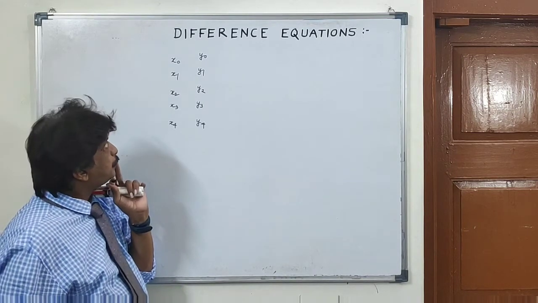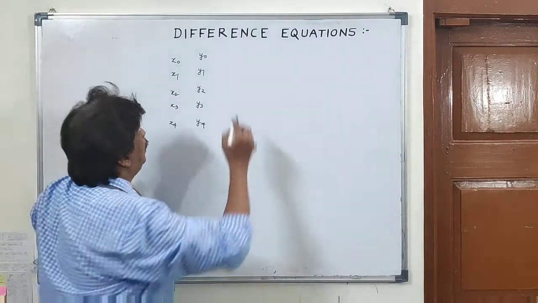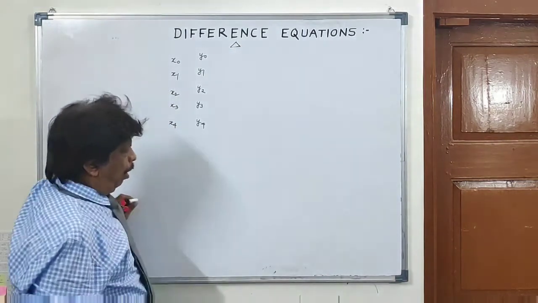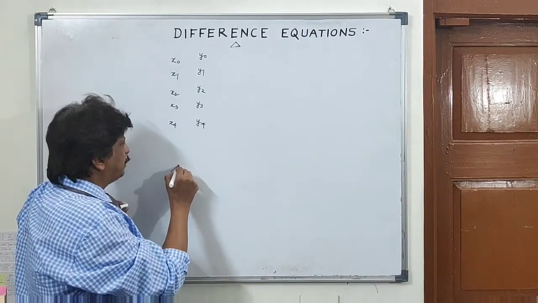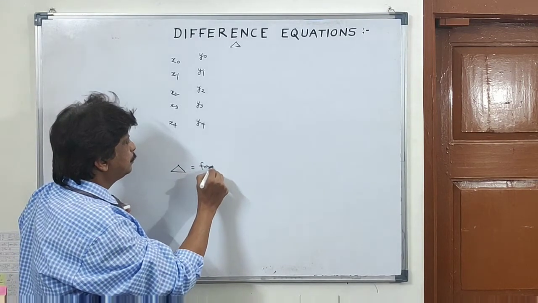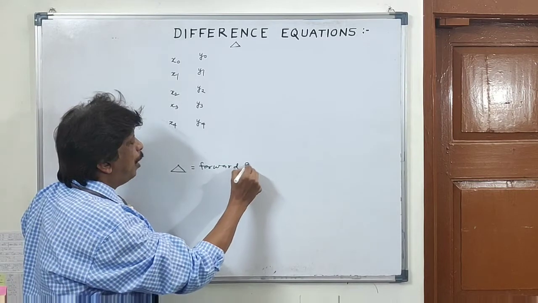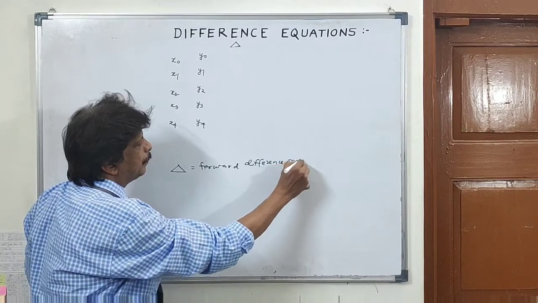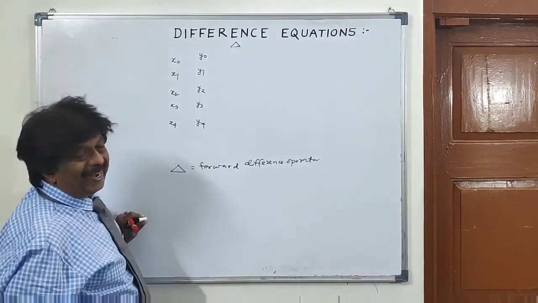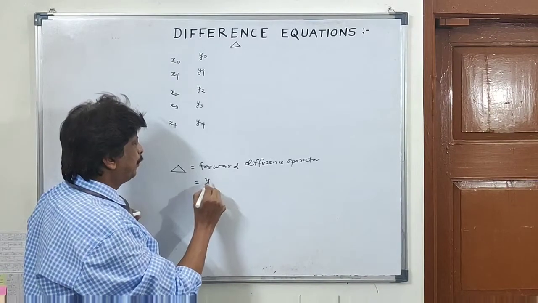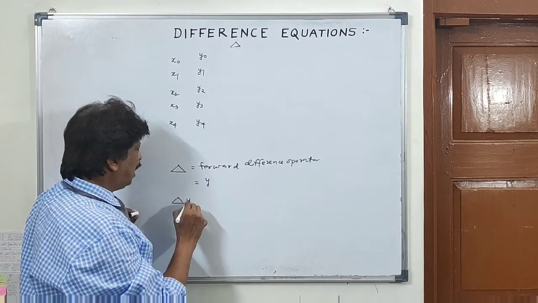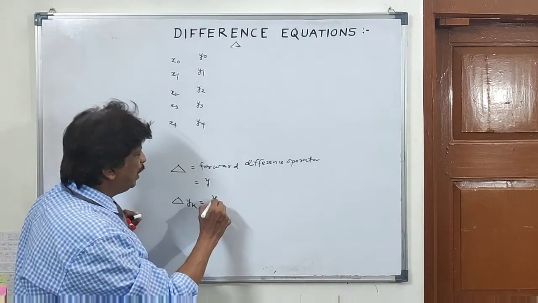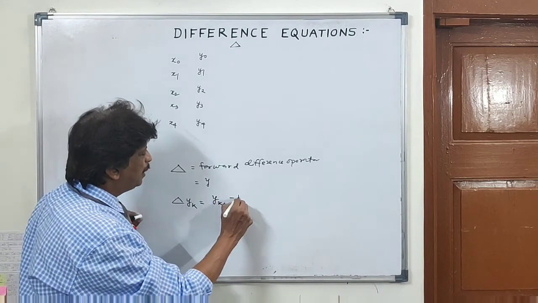Now, this is the forward delta operator, the forward difference operator. It is defined as: forward delta of the kth value of y is equal to yk plus 1, the next value, minus yk.